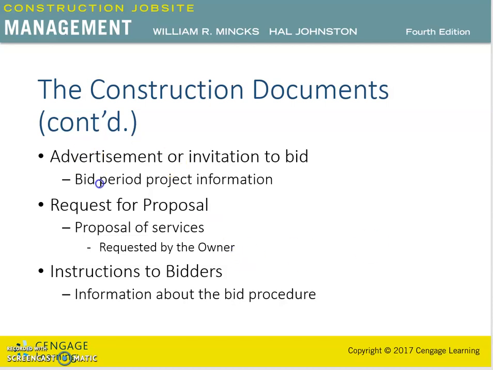It states the owner's name and address, the architect or engineer's name, address, and the contact of the individual who can be contacted, the bid date and time, whether any bid security is required, any restrictions on the bidders, the anticipated price range of the project, or anticipated project duration.